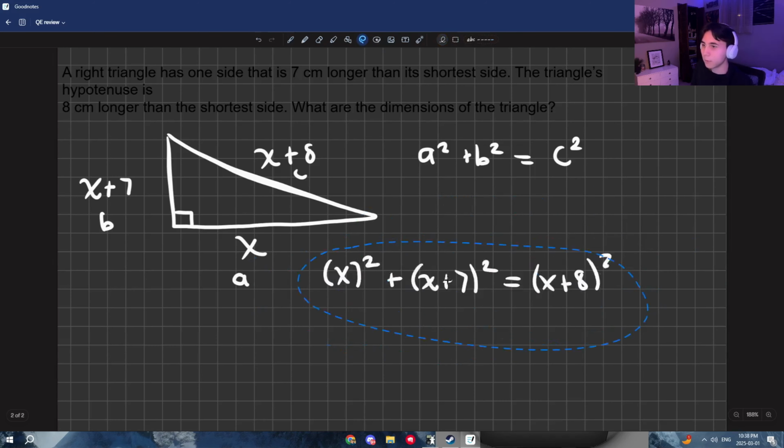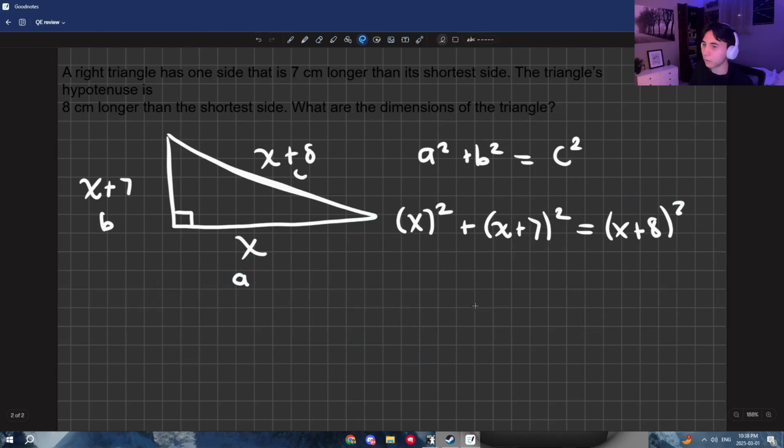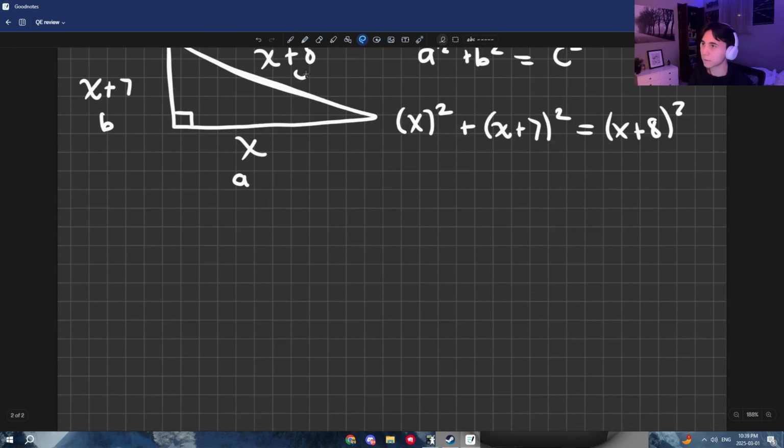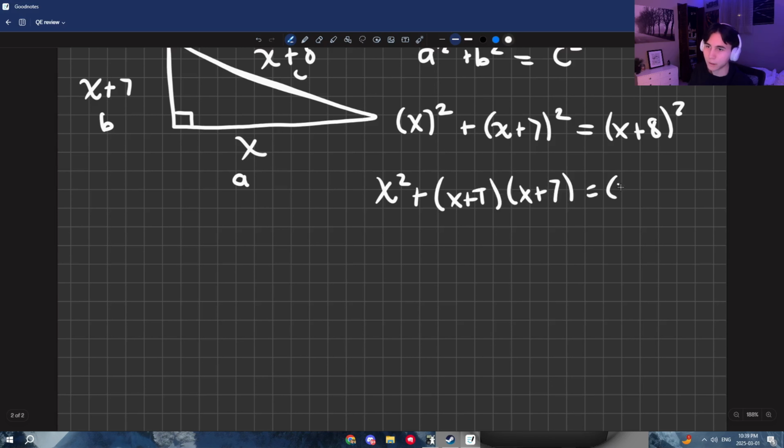So now what we have to do is FOIL all of these individual brackets out. So we have x squared on its own, plus (x plus 7)(x plus 7), is equal to (x plus 8)(x plus 8).